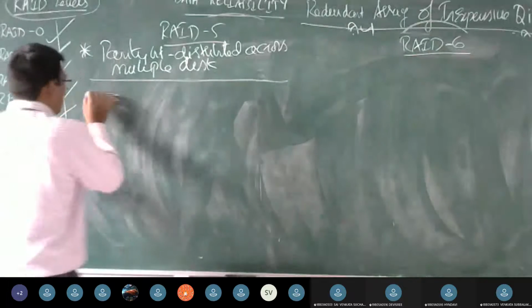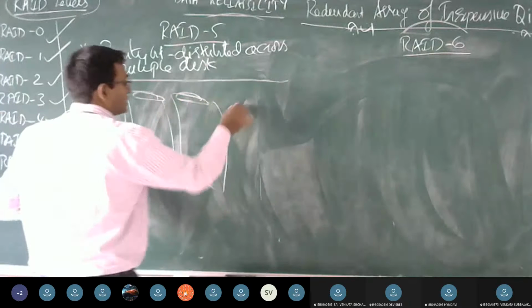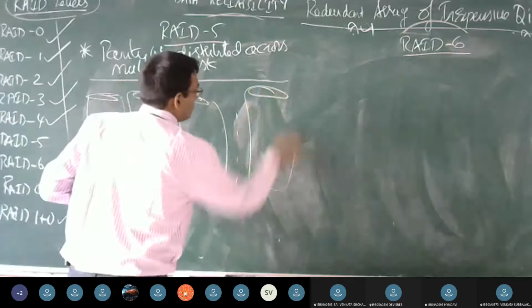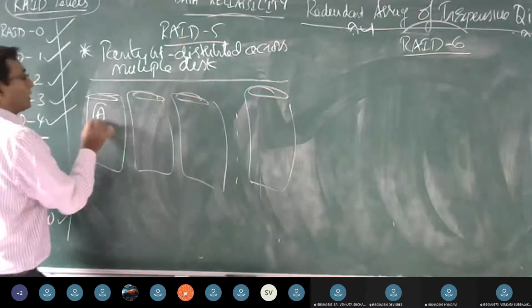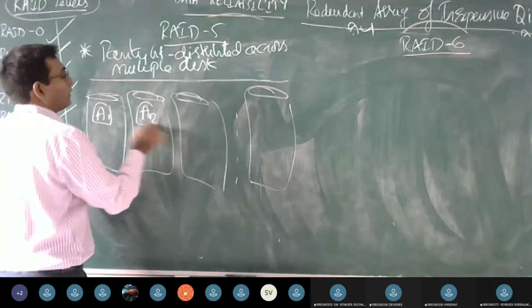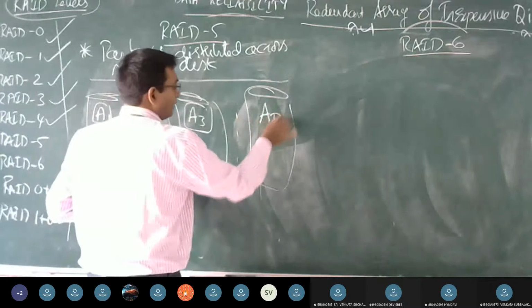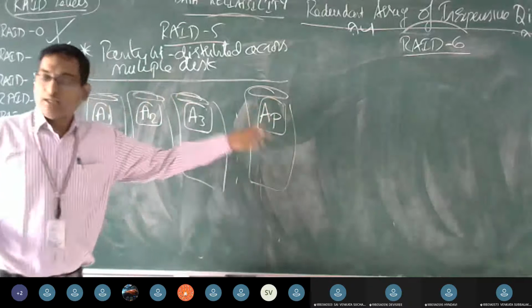So, how was this architecture shown? We have block A1, block A2, block A3, and we are going to write parity, right?